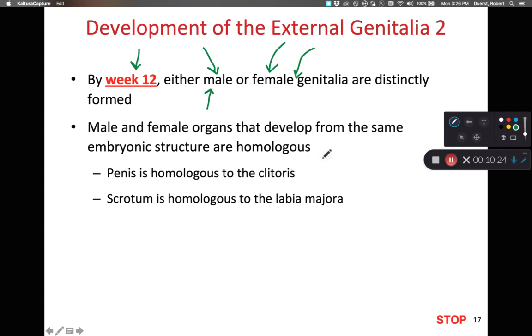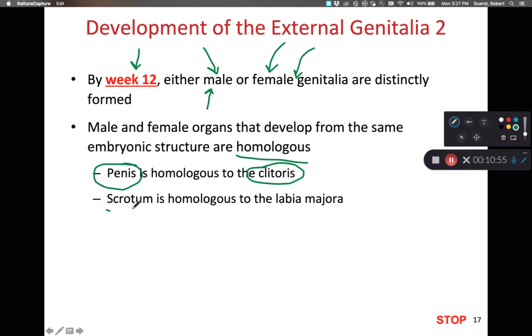As we look at those male or female organs that are going to develop from the same embryonic structures, they're going to be homologous. In other words, they're going to serve a similar function to each other, physiologically speaking. So as we look at the penis, it is going to be very homologous to the clitoris because they come from the same embryonic structures, and they have a lot of the same functions, particularly that they're going to both be involved with sexual stimulation and pleasure.